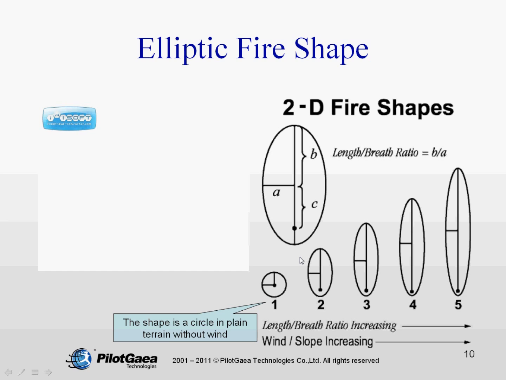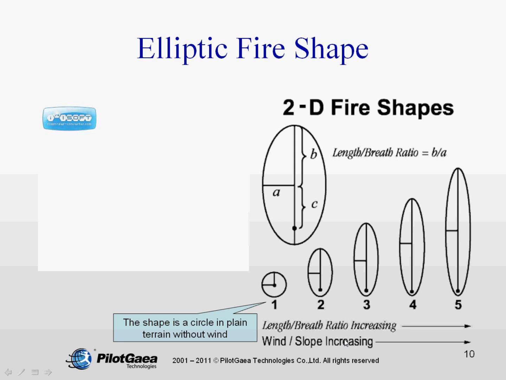The shape of the whole fire is usually an ellipse. If the situation is in plain terrain without wind, the shape of fire spread will be a circle. Next, let's see the 5 shapes: 1, 2, 3, 4, and 5.